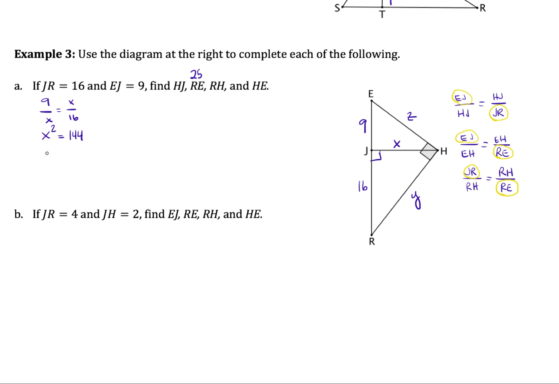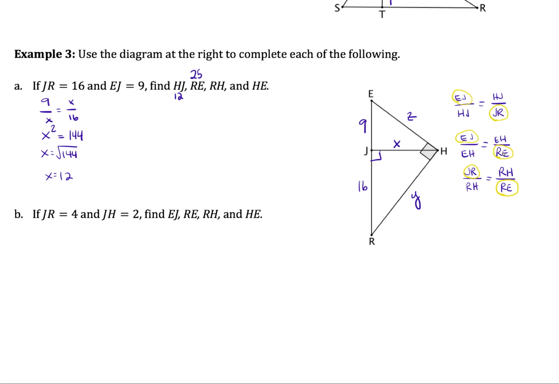And if X squared equals 144, then X equals the square root of 144. And 144 happens to be a perfect square, and it is 12. So X is 12, so HJ is 12. I'll put a 12 right there so we know we found that one.